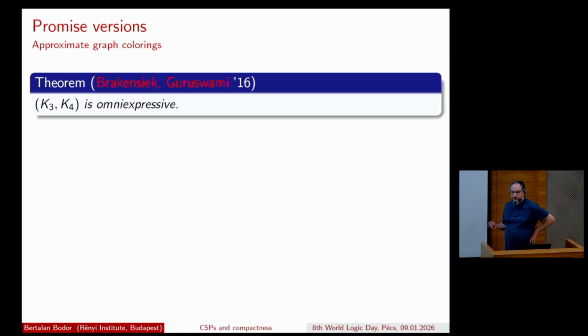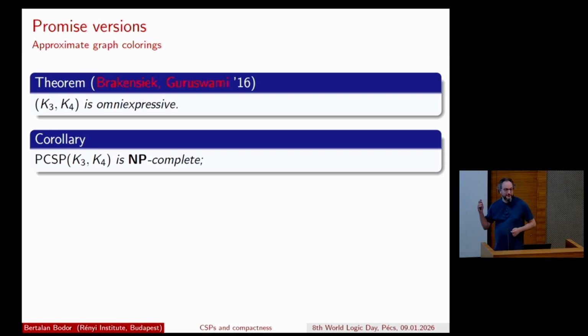Okay, and then maybe I should quickly say that all this PP construction machinery, and some other things we didn't talk about, just straight up generalize in this promise setting. And it turns out that the K3, K4 template is omniexpressive in the same sense, and it has the usual consequences. First of all, distinguishing 3 colorable graphs and not 4 colorable graphs is NP complete. We know this, maybe not a big surprise.